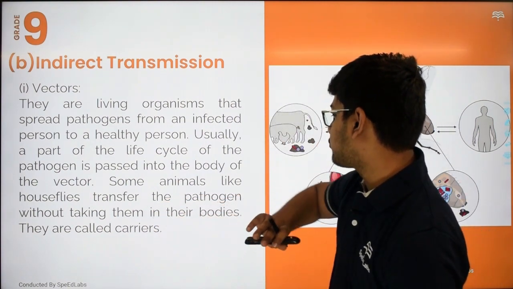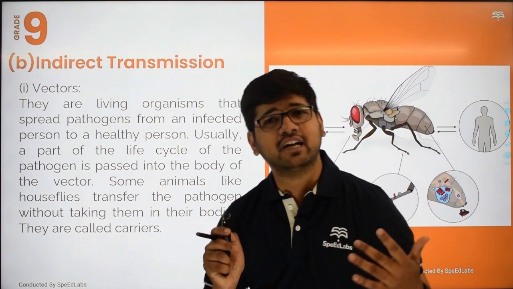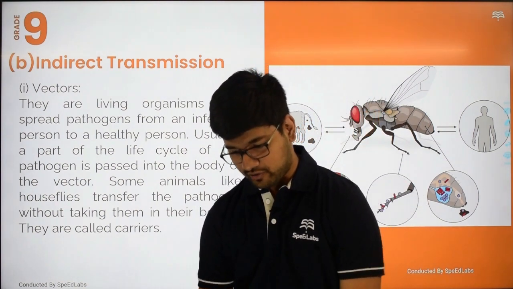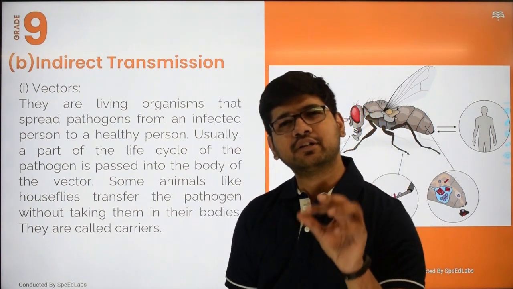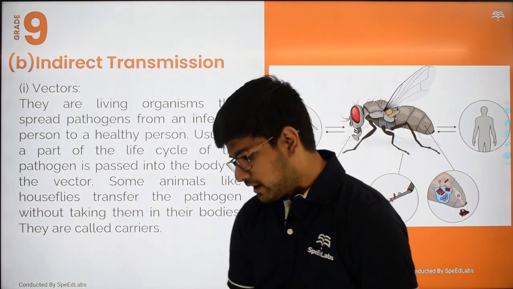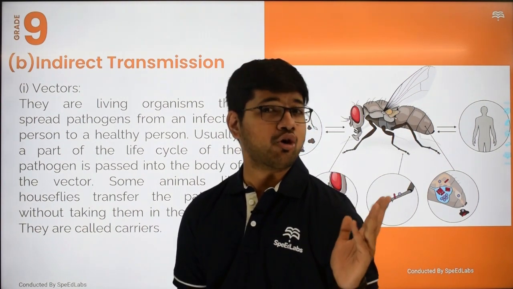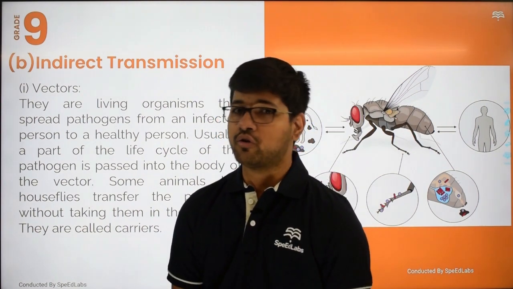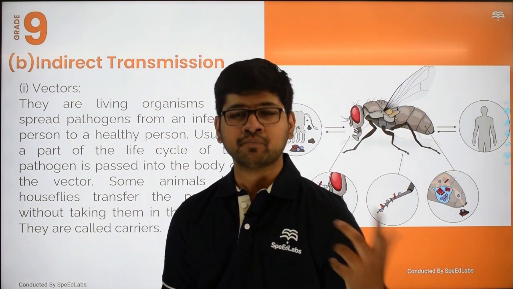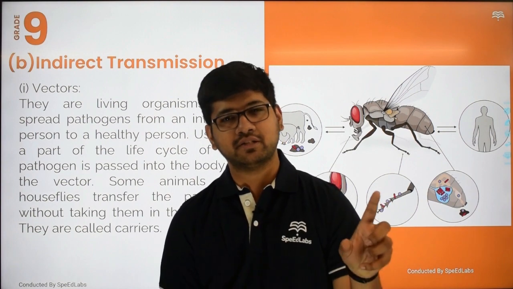Animals like houseflies transfer pathogens without taking them into their bodies, and that's why they are known as carriers. There is a certain difference between a carrier and a vector. A carrier is always an infected individual, whether we talk about mosquitoes or any organism. But a vector is just a carrier that is not infected by the disease.